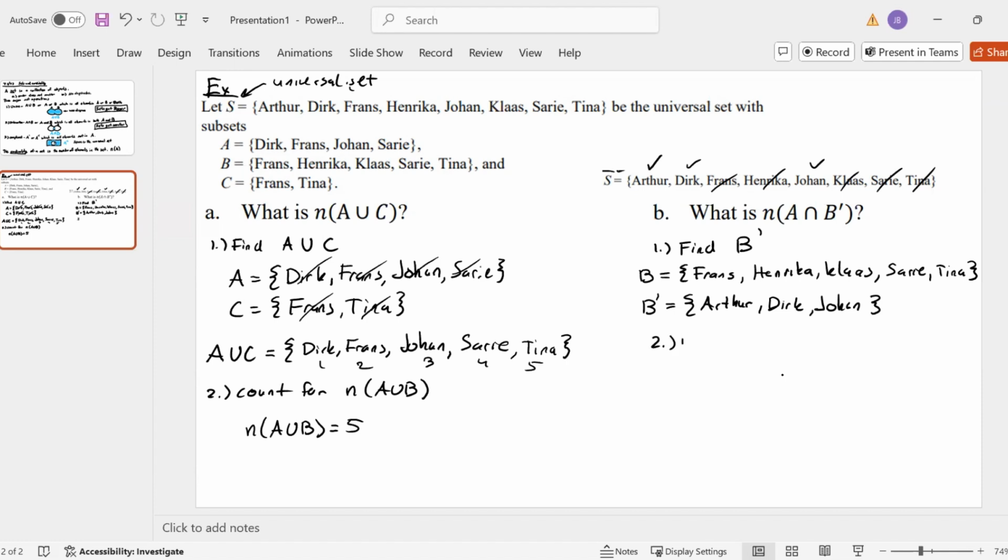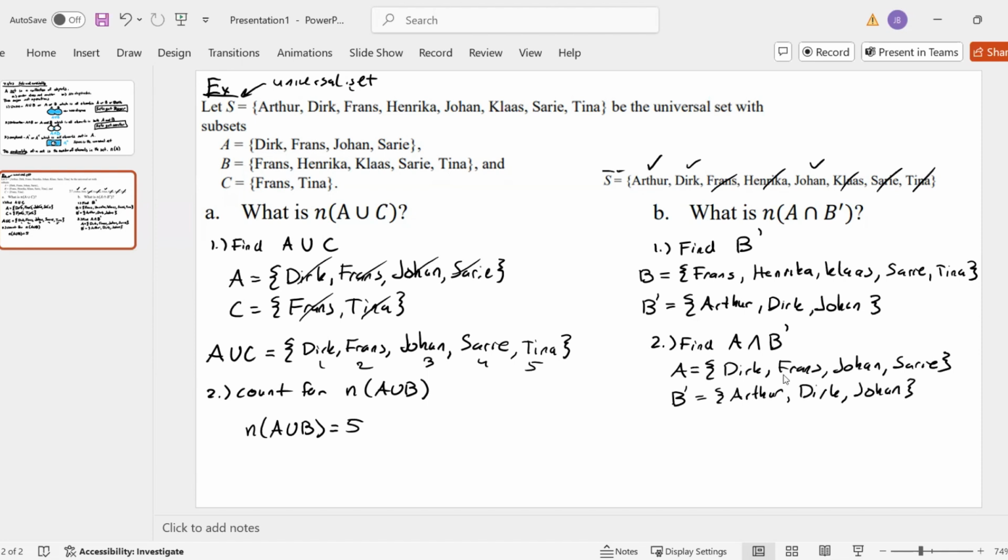Okay. So then step 2 is to find the intersection of A and B complement. So A is equal to, well, it's Dirk, Franz, Johann, and sorry. And then B complement is just Arthur, Dirk, and Johann.